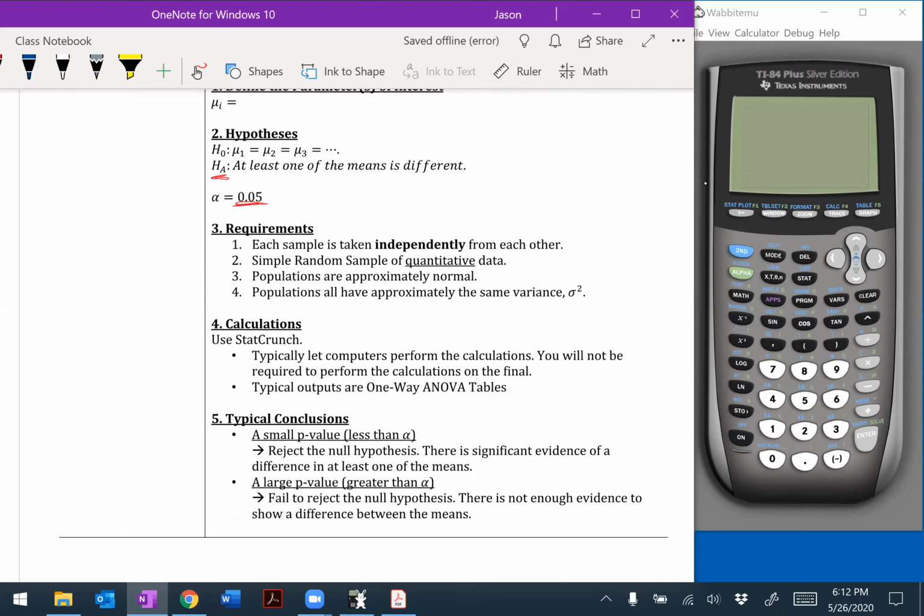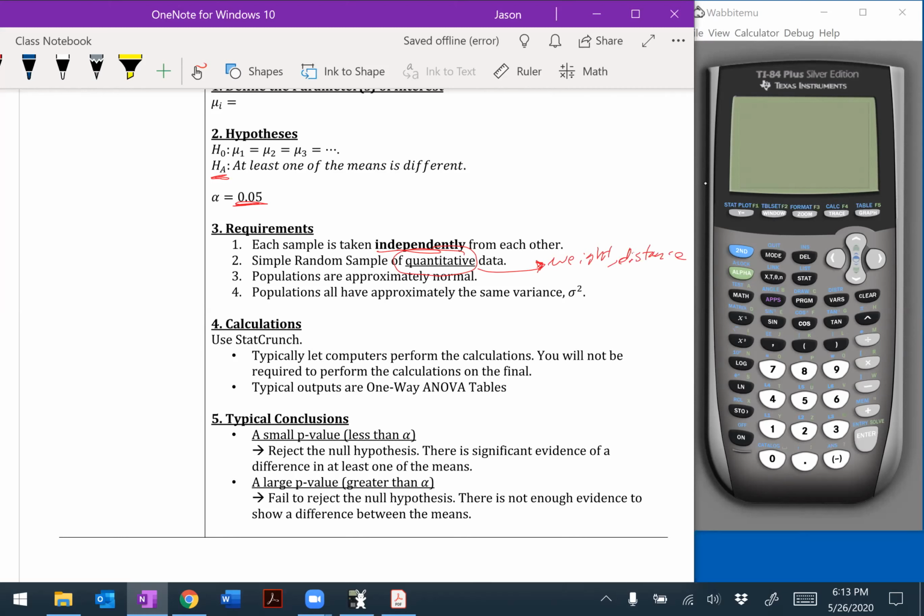The requirements: each sample is taken independently, and each sample is of quantitative data. This is a question of quantity, like weight or distance.